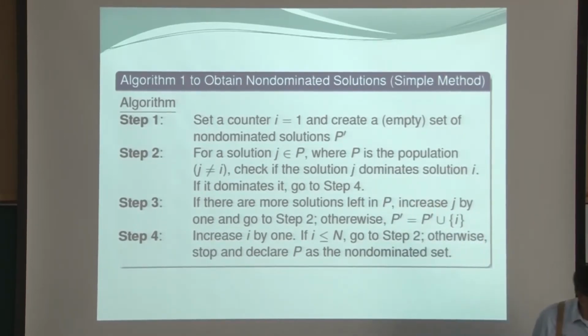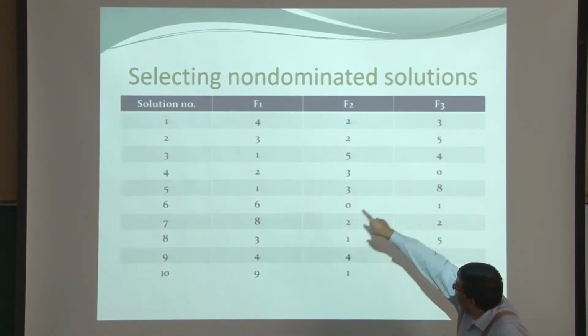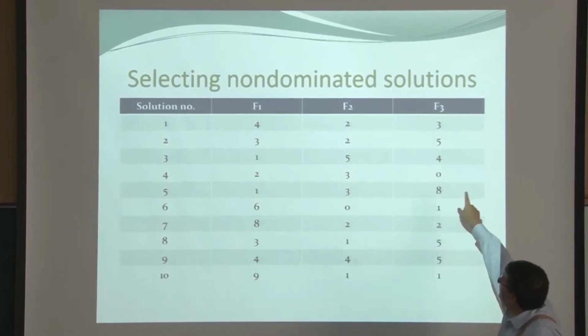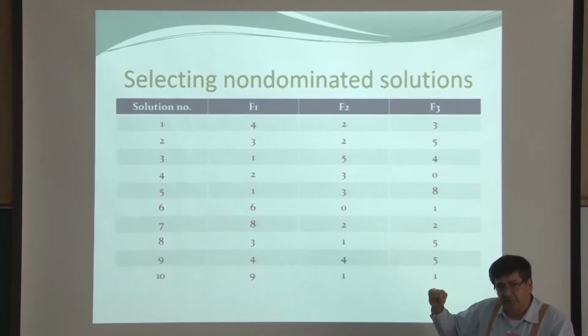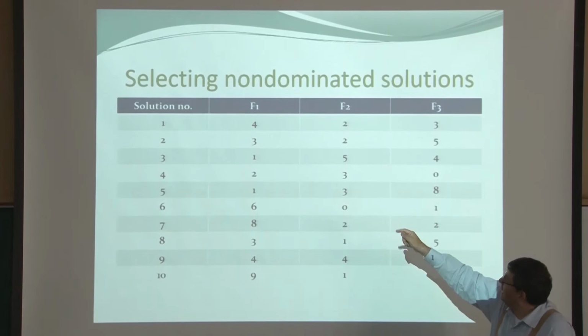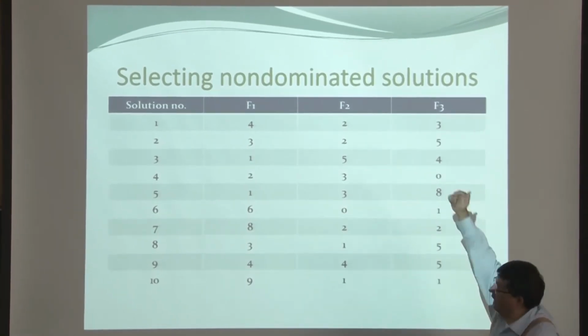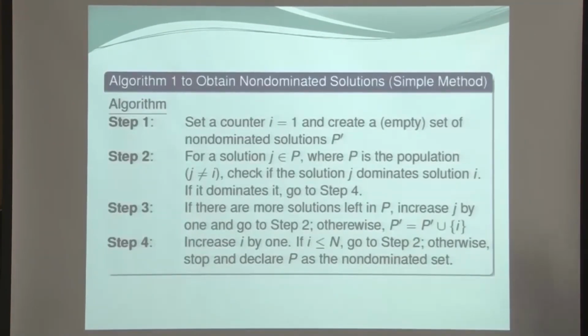So in I equals 1, you are in the first solution. So we go to the second. And it says check if solution J, now J is 2, because J cannot be 1, we compare if this solution dominates solution 1, because that's what the algorithm says, right?